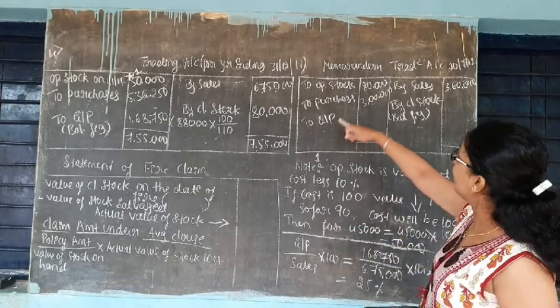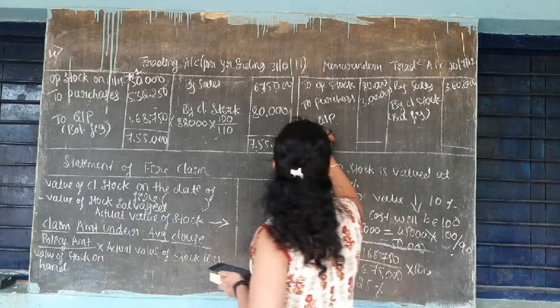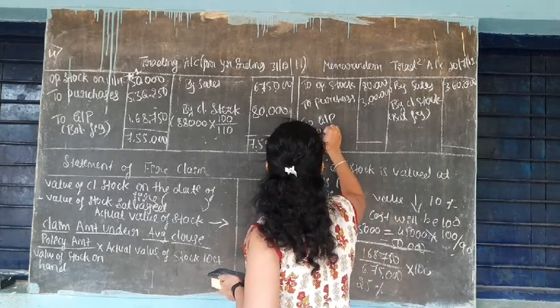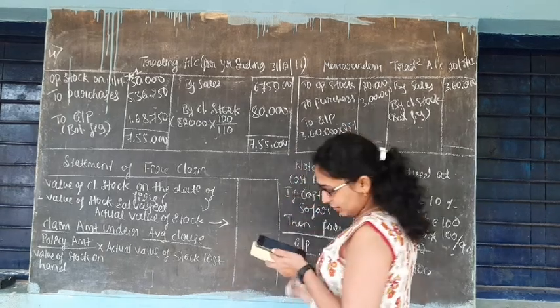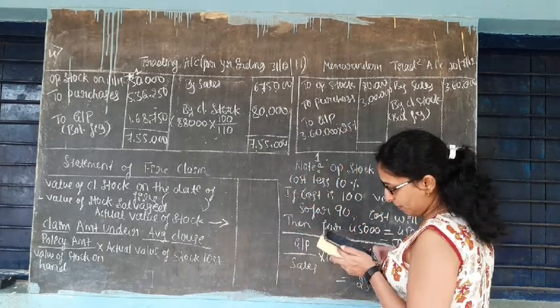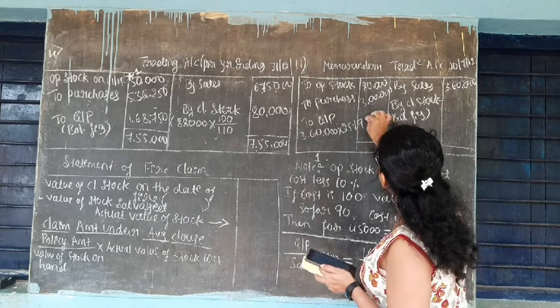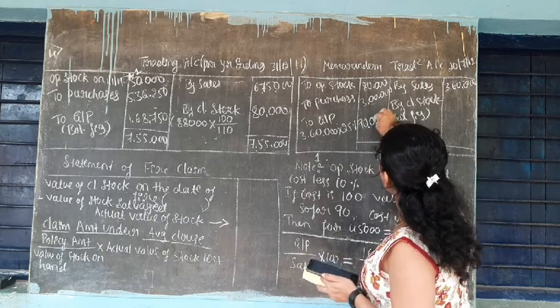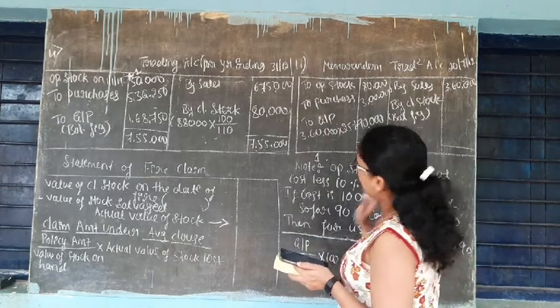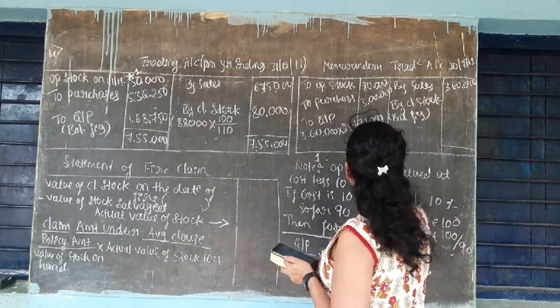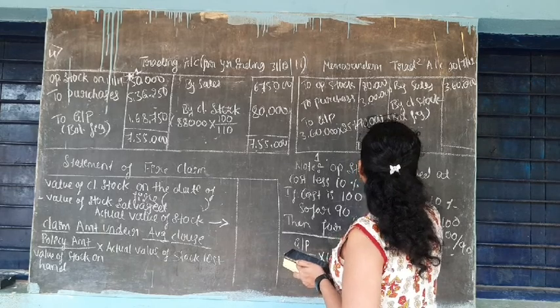So, gross profit on sales: sales is 3,60,000 into 25%. So, the amount will be 90,000. 90,000 rupees is the gross profit on sales. So, make it 4,70,000 is the total.